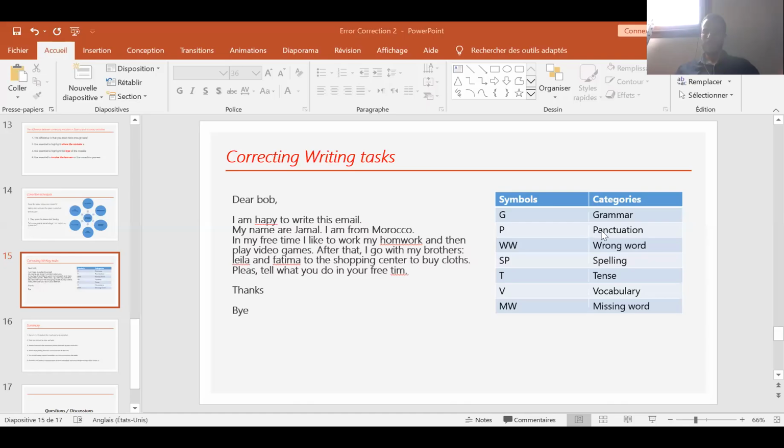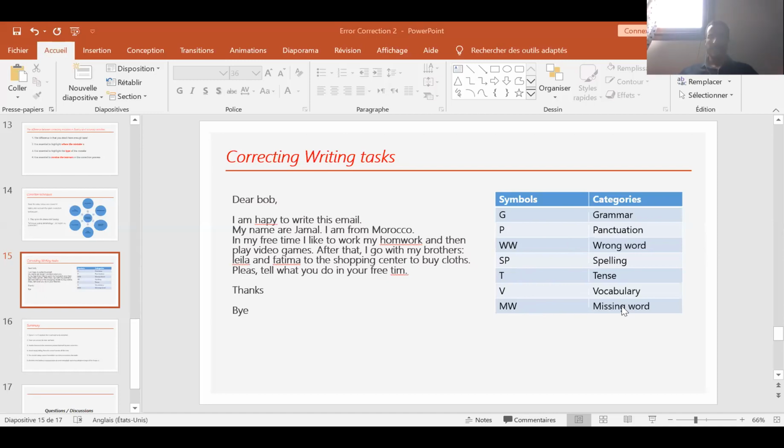Yes, there is a spelling here, punctuation with the U, okay? WW is wrong word. SP, spelling. T, tense. V, vocabulary. MW, missing word.